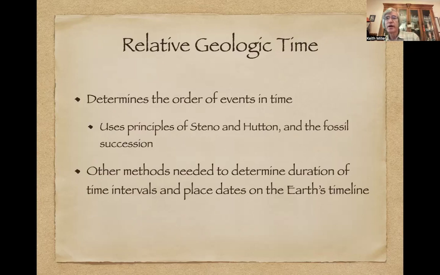Well, the things I've talked about now, whether they're tree rings or ice cores or varves, these other methods, can give you a high resolution picture of what's going on, but you don't actually have a date for that.